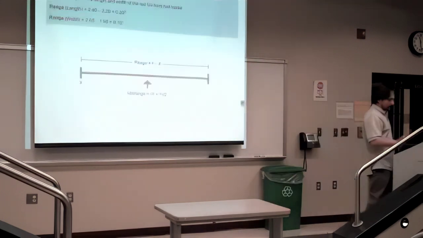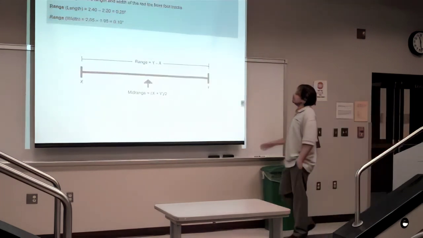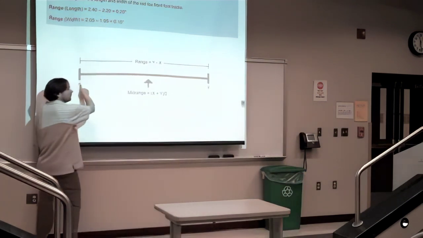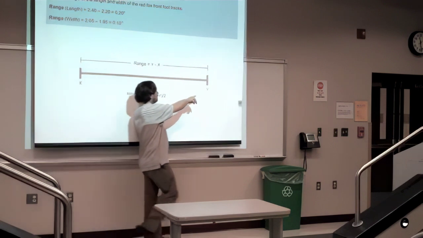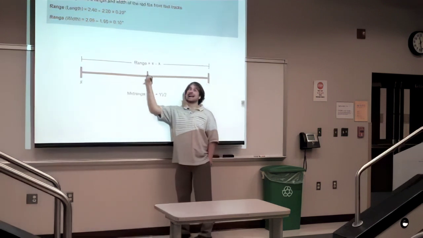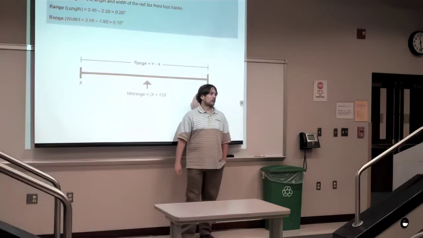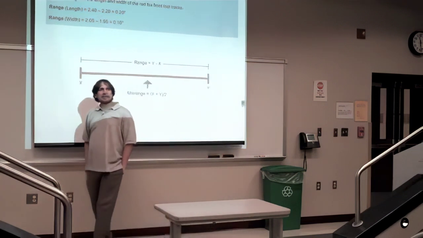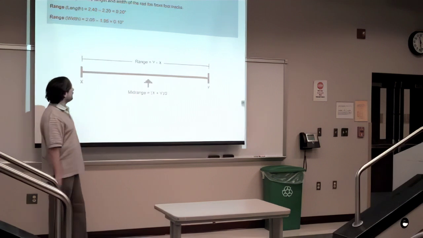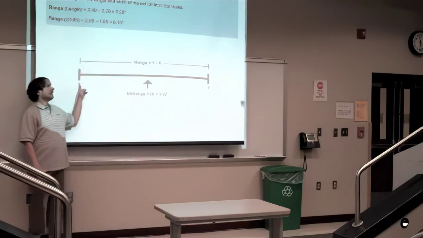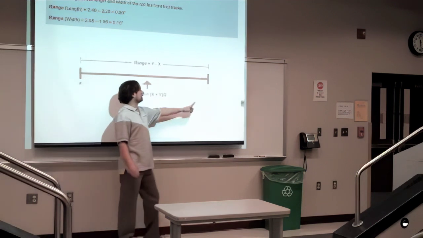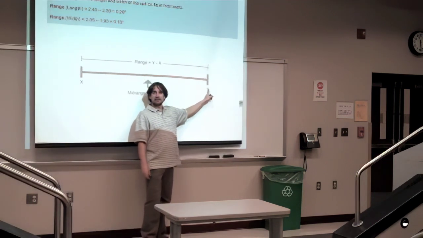Now below here, we have a little illustration of the range and the mid-range. So if this is my smallest value, and this is my largest value, the mid-range is halfway between the two of them. And my range is the distance from here to here. So because of that relationship, if we know, for example, this and the mid-range, we can figure out what this is, right?